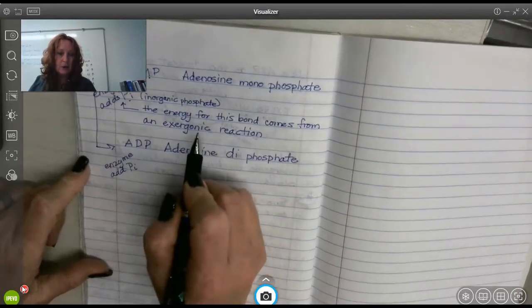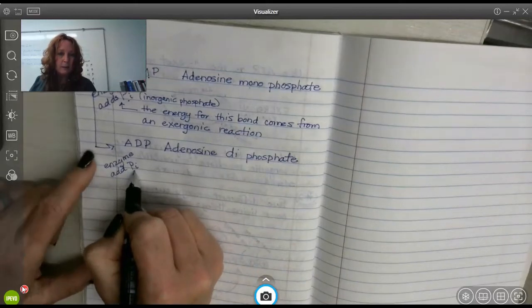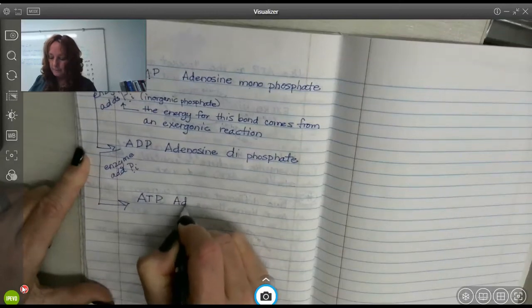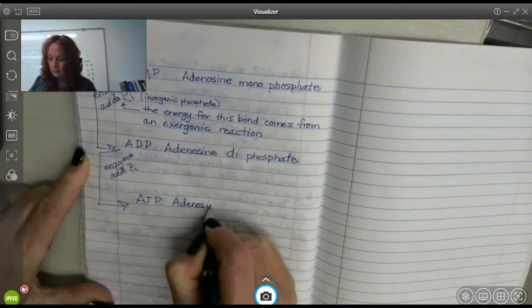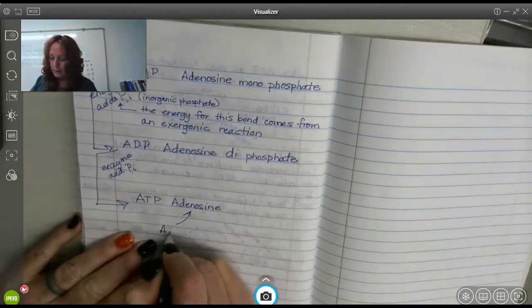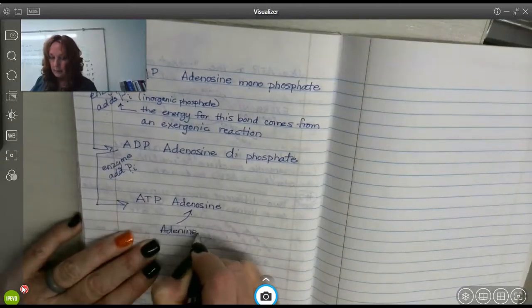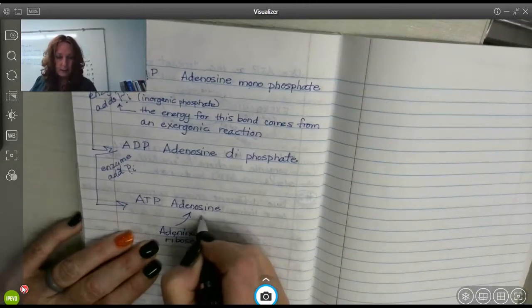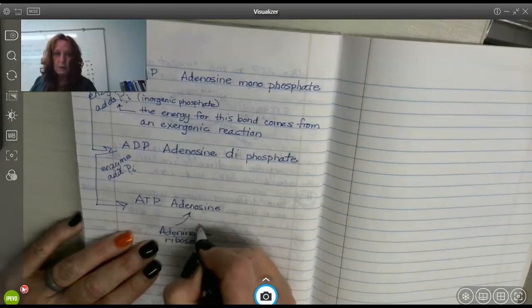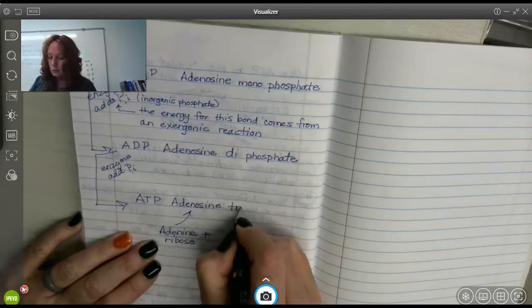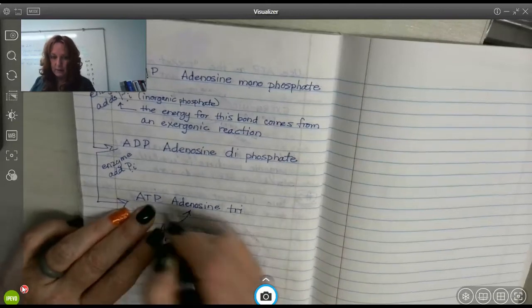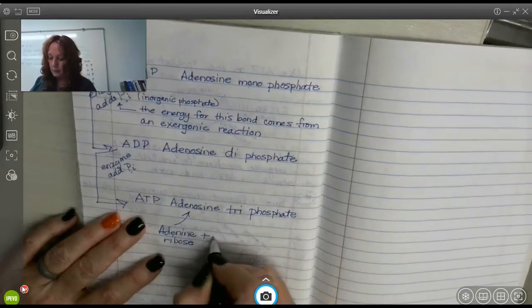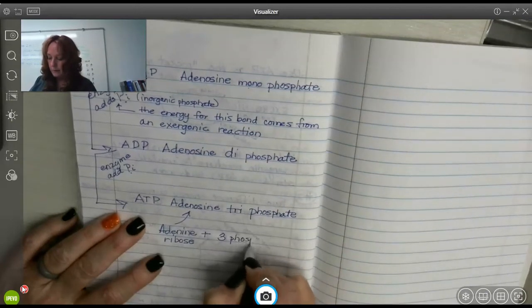So we'll capture that energy and use it to make the bond, and you'll end up with ATP, which is adenosine, which is adenine, right, plus ribose. That's a nucleoside, and it's tri, because there's now 3 phosphate groups. So this will be plus 3 phosphates.